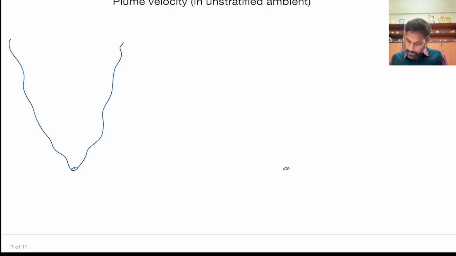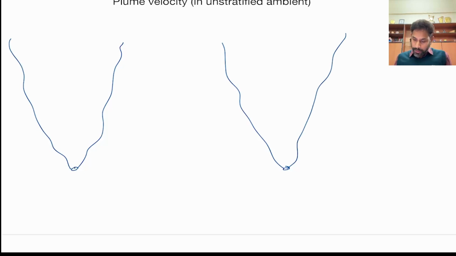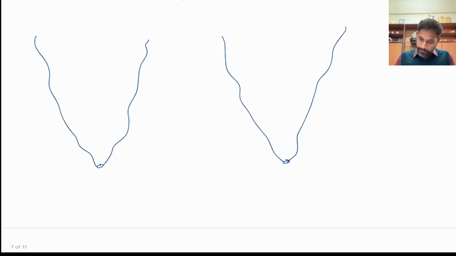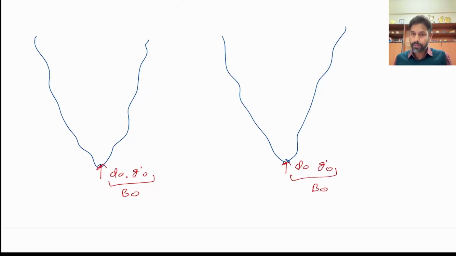And we'll consider one more case. We are assuming that here there is q naught, g prime naught, which basically gives us b naught, and here also we have q naught, g prime naught, which gives us b naught.